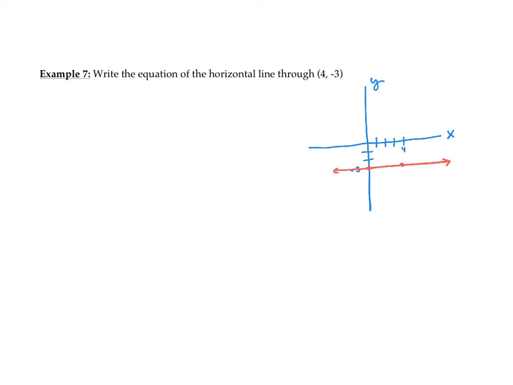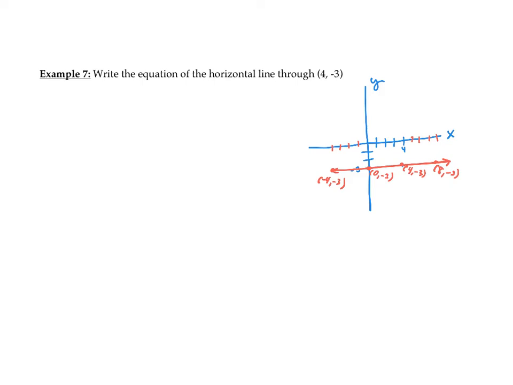This point right here would be (0, -3). Our given point was (4, -3). This point way over here could be (-4, -3). All right, if we keep going, and this is, say, (8, -3), what you start to notice is that the y value is always the same, okay?